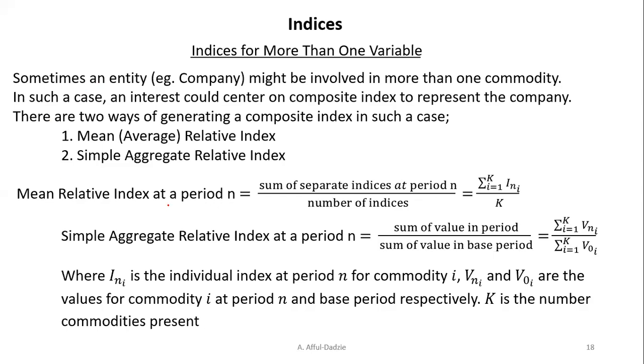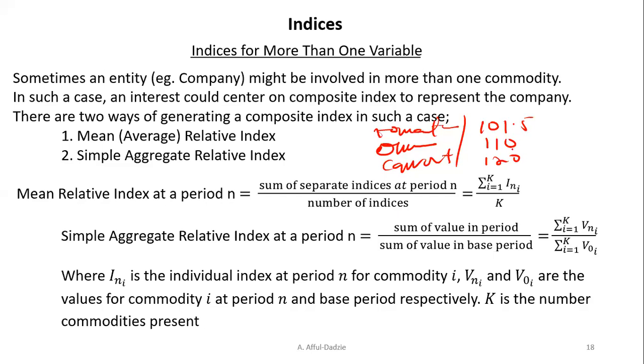For the mean relative index at period N, it says sum of the separate indices at period N over the number of indices. So what this means is that for each of the items, so let's say tomatoes, onions, carrots, we have their values. Find the index of this. So maybe you have 101.5, this is 110, and this is 120.